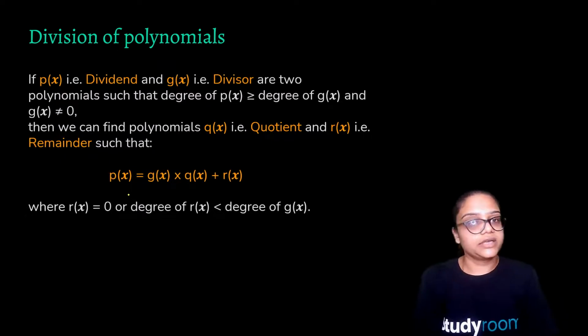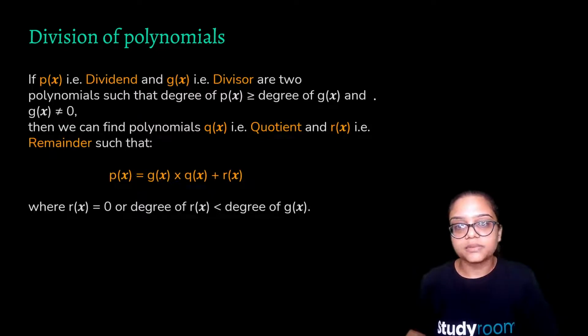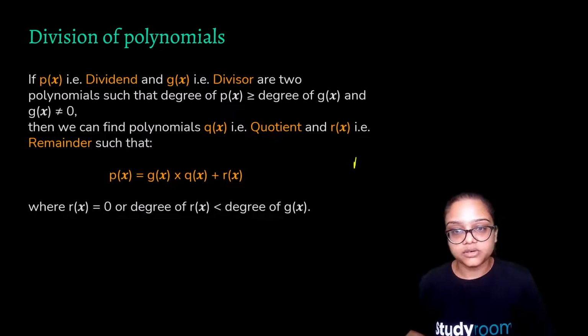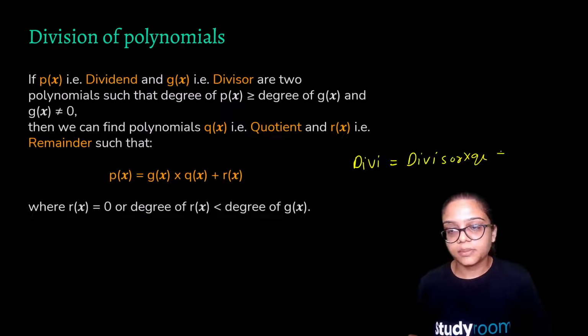Suppose we are simply dividing 4 by 2. So 4 is the dividend and 2 is the divisor. The quotient is 2 and the remainder is 0. Just put what I have told in the equation. I'm not talking about the equation of polynomials, I'm talking about the general equation, which we would write as: dividend is equal to divisor into quotient plus remainder.